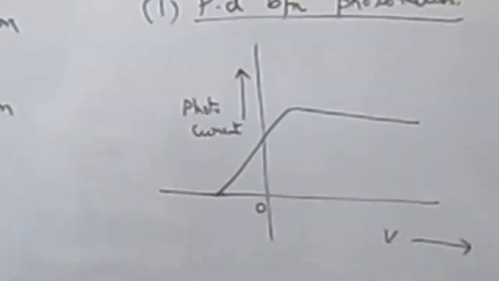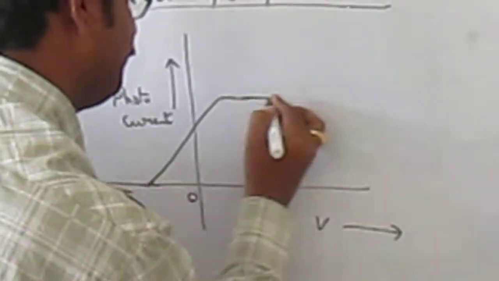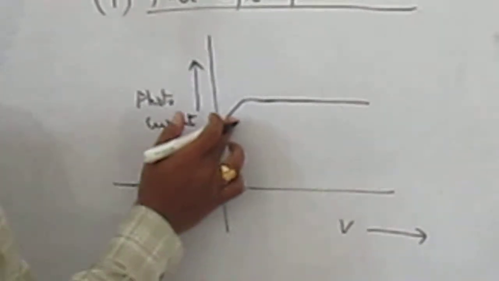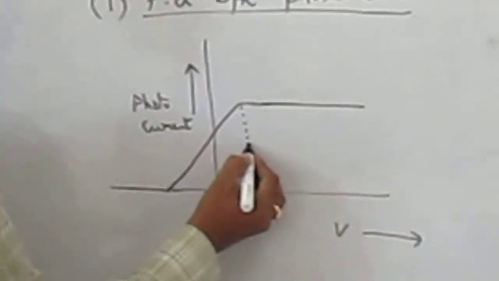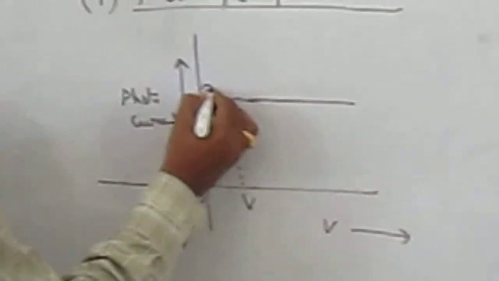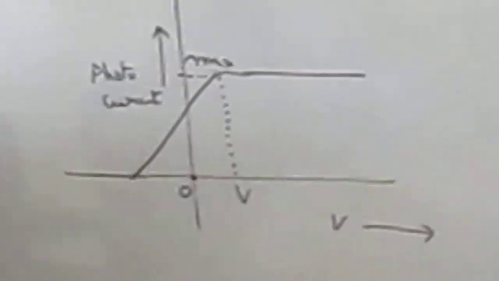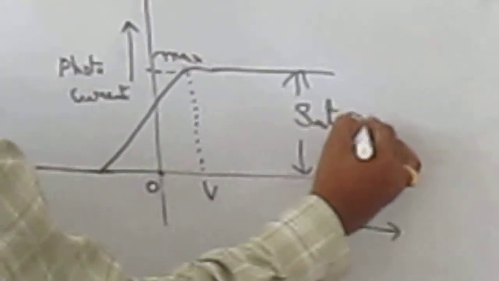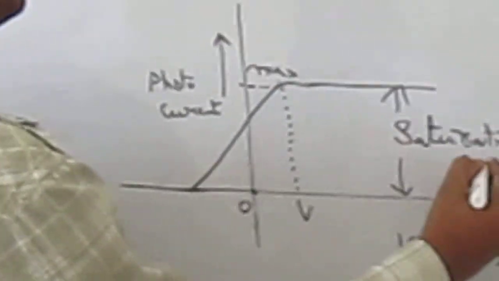What it says is, from the origin, when you increase the positive potential, photocurrent also increases. At one point, the photocurrent becomes maximum. After that, even though you increase the potential, the photocurrent doesn't increase. It comes to the saturation point, that is the maximum value. That's why this region is called the saturation region.